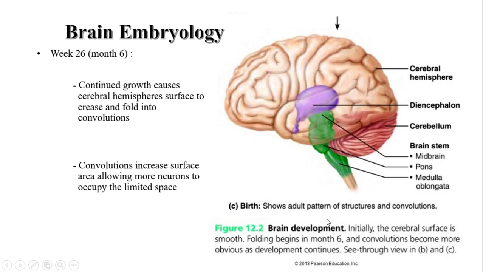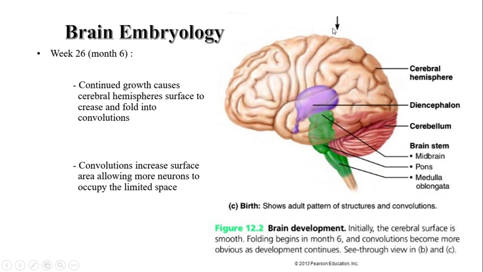By week 26, you can see most of our adult brain structures are being formed. The telencephalon started out very smooth, but as it grows, it starts to fold and crease, making these convolutions. These convolutions increase the surface area of our cerebral cortex, the more superficial portion.